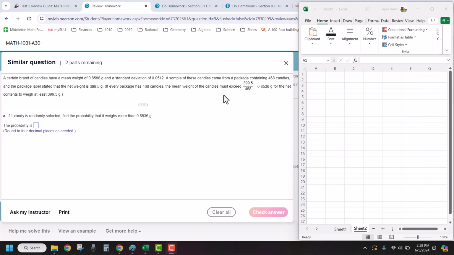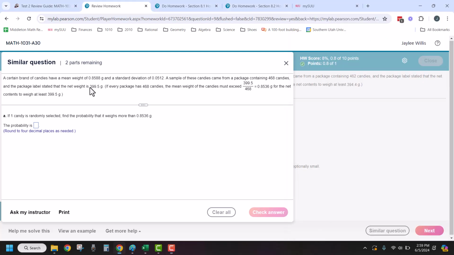And then they do this calculation here where they take the package label claim. So the package of all of the candies should weigh about this. And if you divide it by the number of candies, that's saying that according to the package, each candy should weigh about 0.8536 grams, which is slightly less than the actual mean weight of the candies.